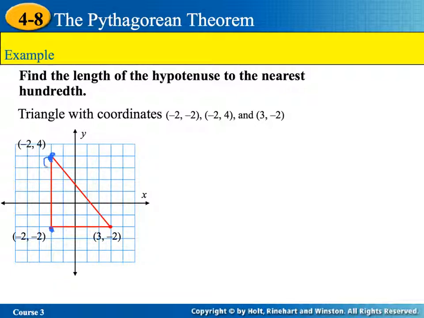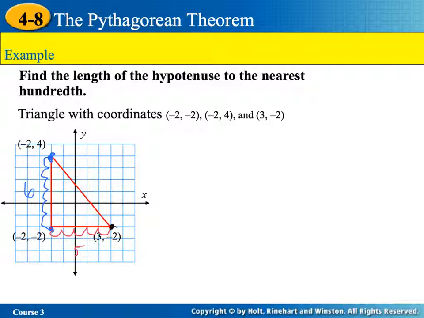Well, 1, 2, 3, 4, 5, 6. I went down 6 units. Okay, now I need to find my other leg. That is 1, 2, 3, 4, 5. 6 and I have 5. Notice that diagonal line there.